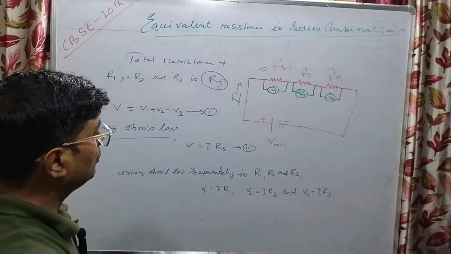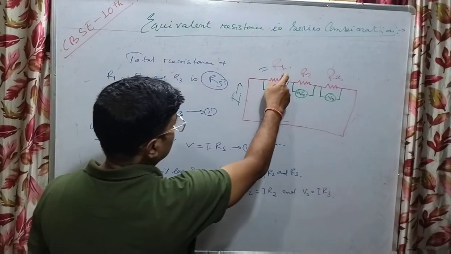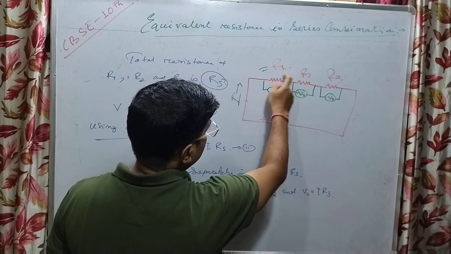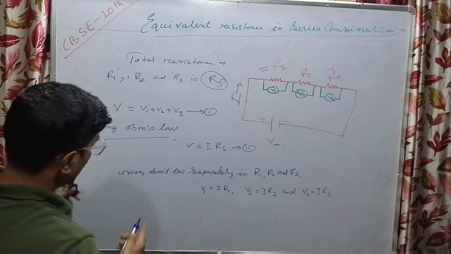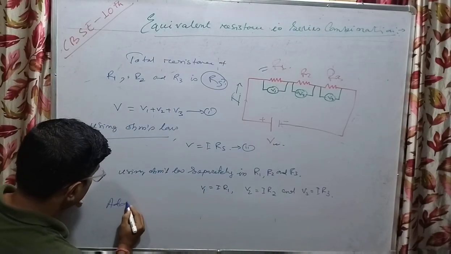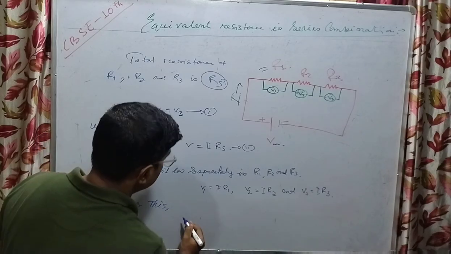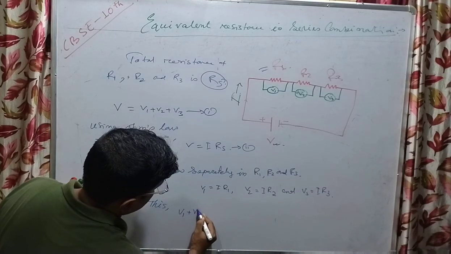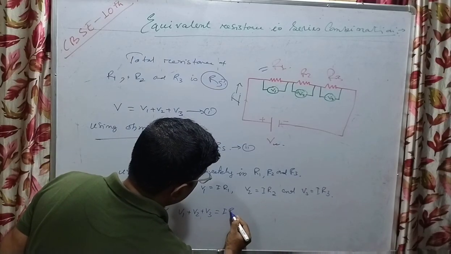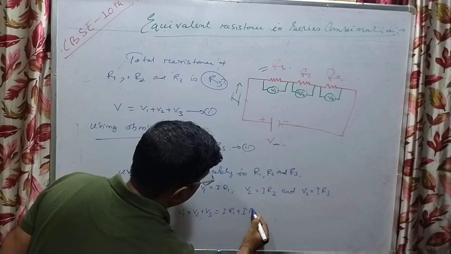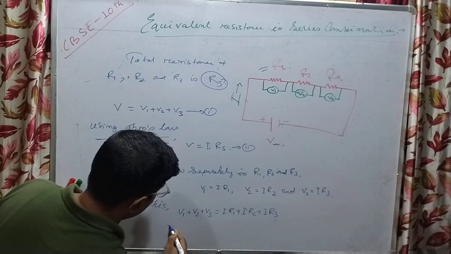Now the total potential difference between the ends of R1, R2 and R3 will be found by adding these: V1 plus V2 plus V3 is equal to I R1 plus I R2 plus I R3.